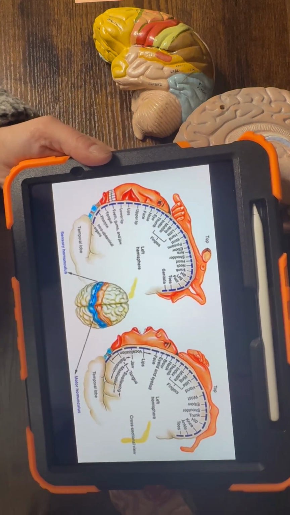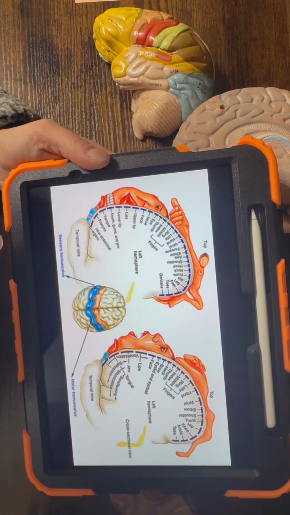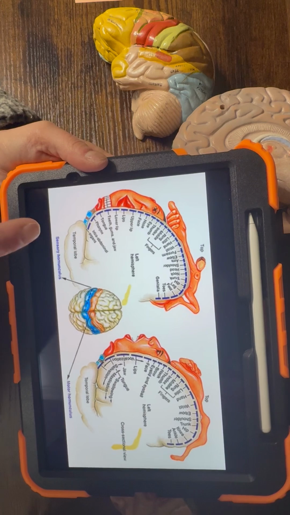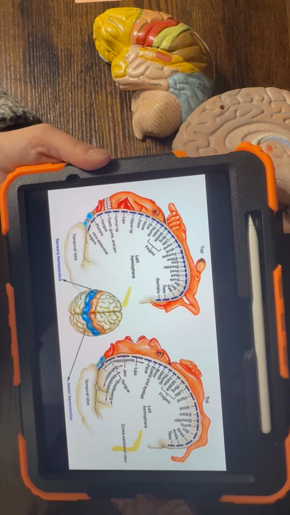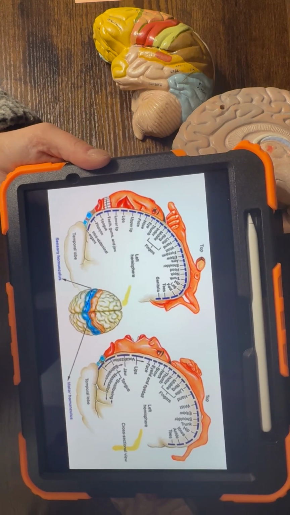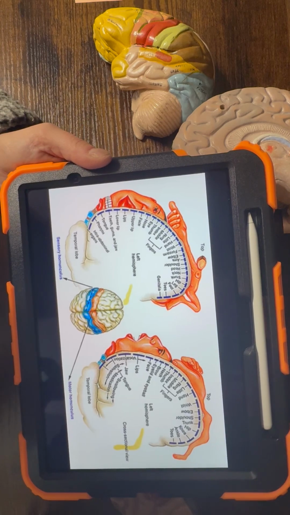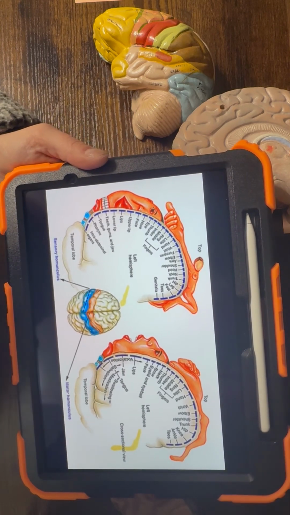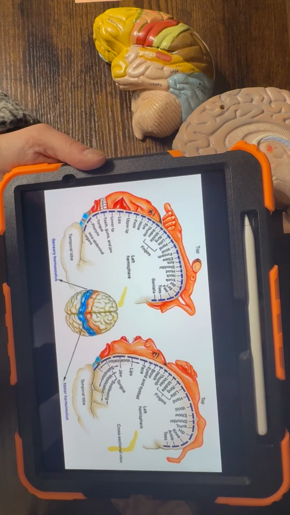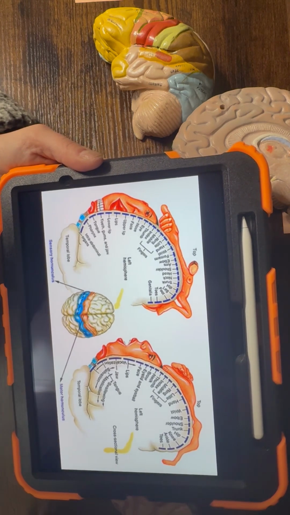Okay, this maps out where the nerves are distributed in the body. So your most innervated areas of your body are represented in a larger capacity here. They take up more room. They need more nerves. They need more output and input.